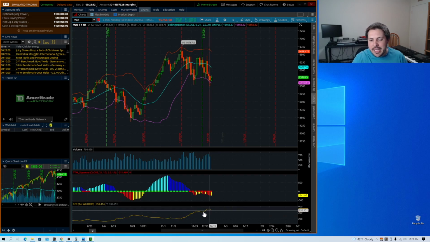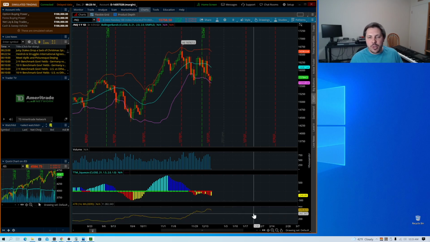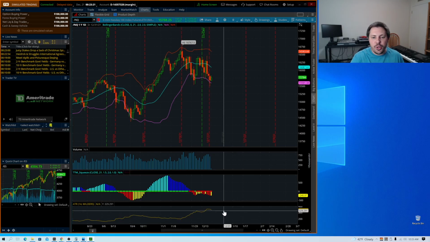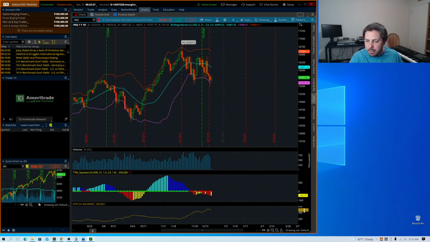And what this ATR is telling us is that there's been an increase in volatility and that now the market is capable of making larger moves where it could make a move at any time that could be plus or minus, right, 340.